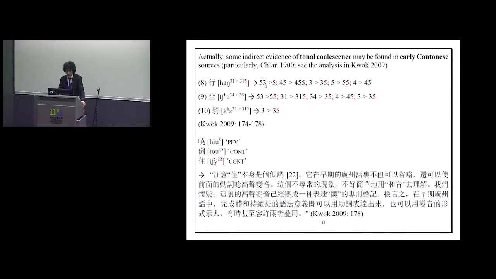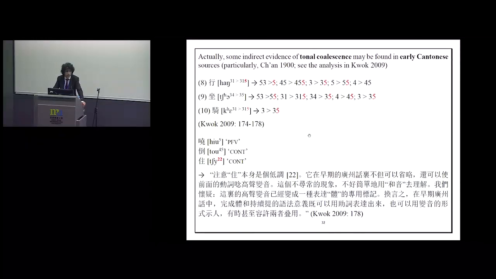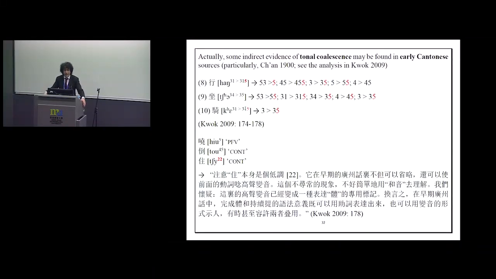But the part that doesn't quite fit is this one. Why would you have a low tone suffix triggering a high tone? That's kind of a problem. So as Professor Gok pointed out, you cannot say for sure that this case comes from tonal coalescence, but it might also be an independent phenomenon, like tone change without necessarily having to do with the interaction with the previous suffix.